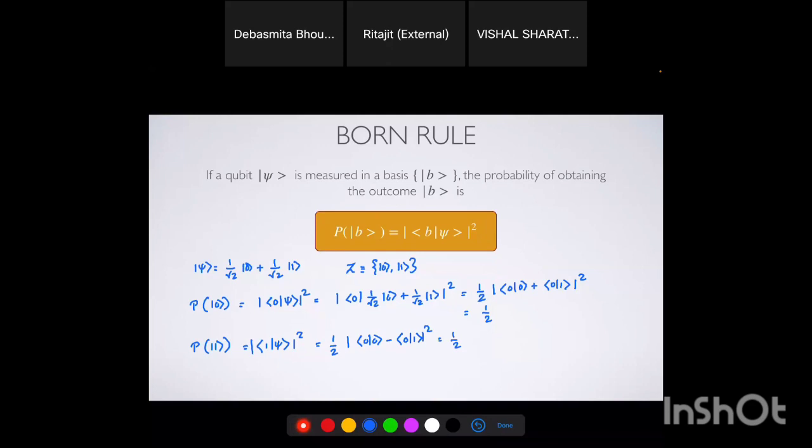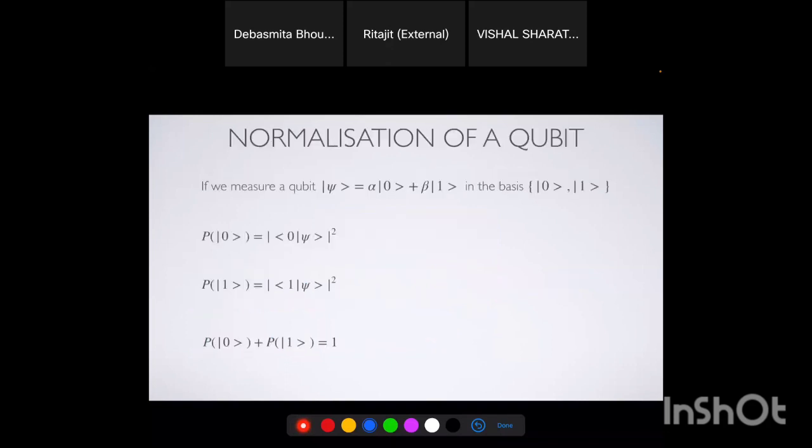Here comes the importance of measurement. You can have superpositions or anything, but once you measure, all you have is either 0 or 1 with some probability, and that probability is governed by the Born rule.